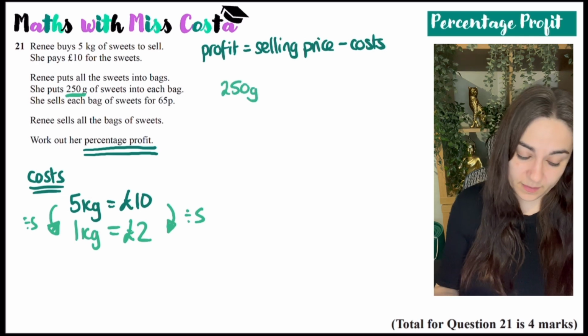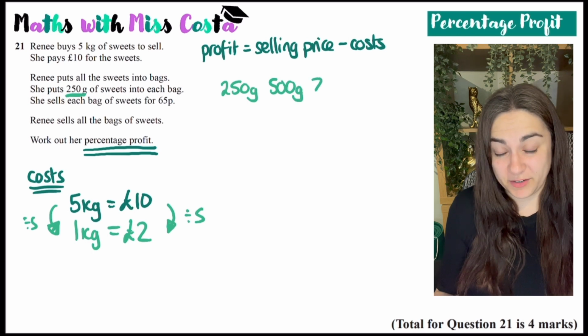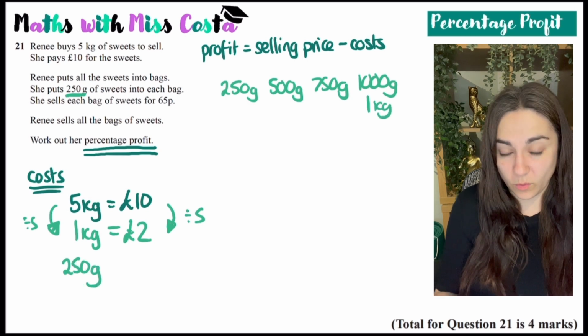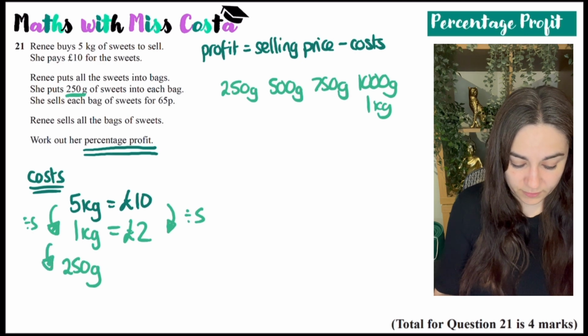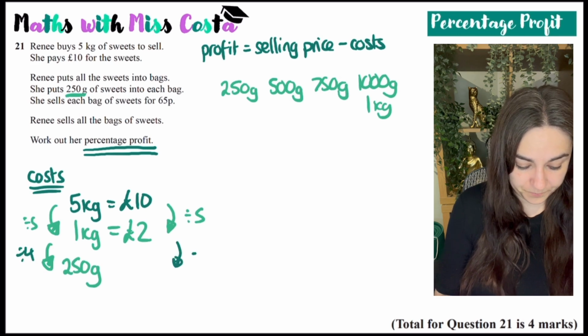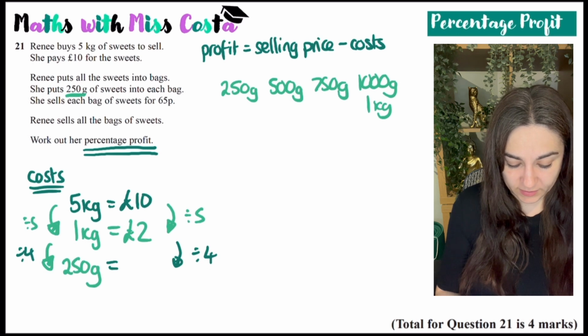And I know, well, I might not know, but 250 grams, I could go up in my 250s. Then I've got 500 grams, 750 grams, then 1000 grams, which is 1 kilogram. So I know that 4 lots of 250 grams fit into 1 kilogram. So I divide by 4 to figure out what 250 grams must cost.